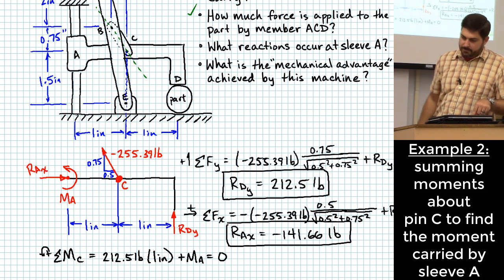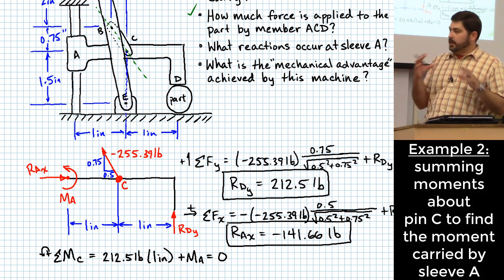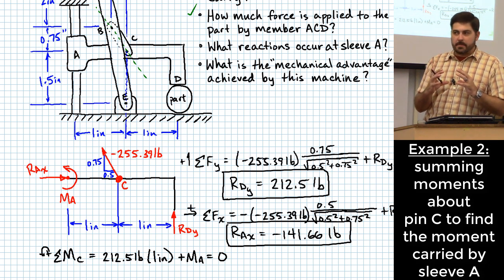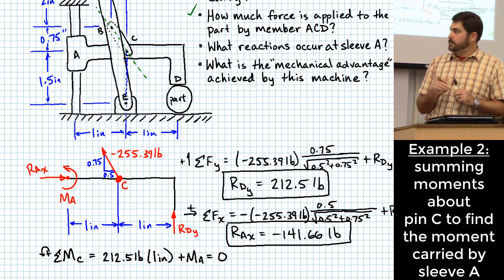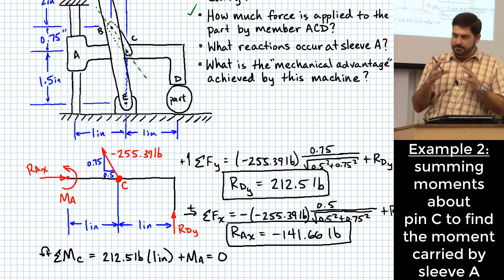So you can translate the moment anywhere along that line? Yeah, when you sum moments and you have a concentrated moment, it doesn't matter where that concentrated moment is. It does not have to be at the location you're summing moments around. It can be anywhere on the body, and you still just include it in the sum. It's over there at location A, but we don't care. We still just throw it in the sum. That's why it's a concentrated moment.